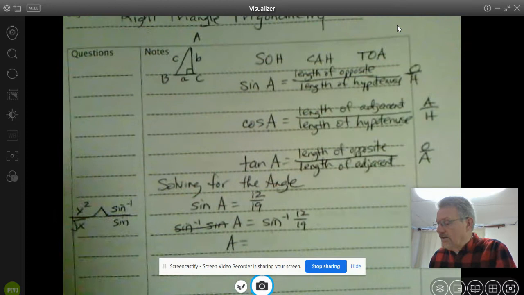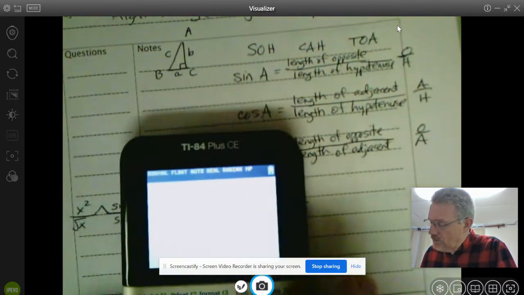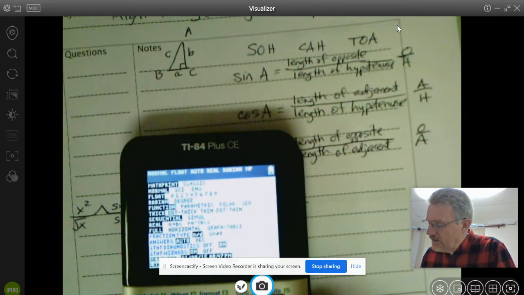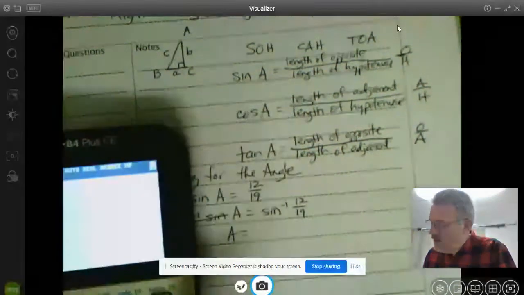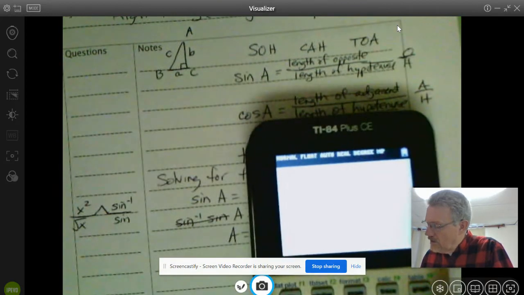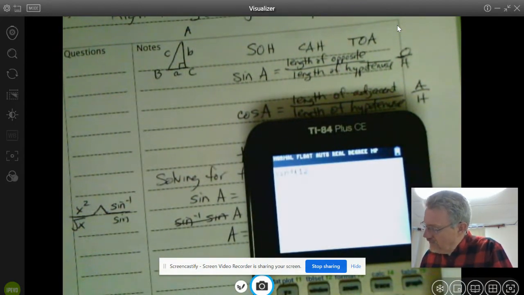In our calculator, first thing we're going to do is go to the mode button and get in degree mode. Then I'm going to do arcsine, second sine, 12 divided by 19.